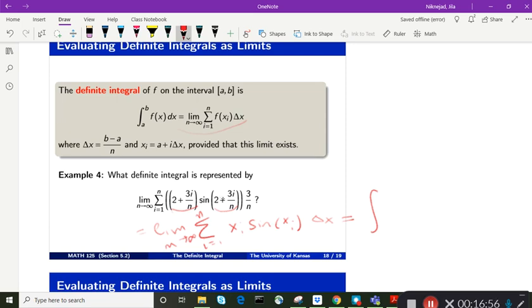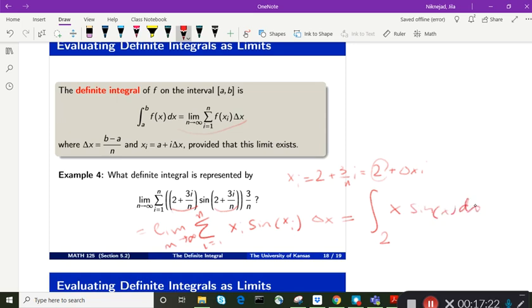When I chose xi, that should give me also a, so xi was chosen like that, right? And that is basically 2 plus delta x times i, or i times delta x. It seems like this should be a, and so the function is going to be x sine of x dx.